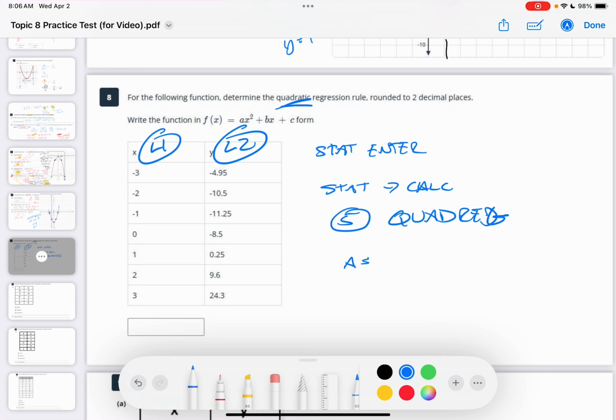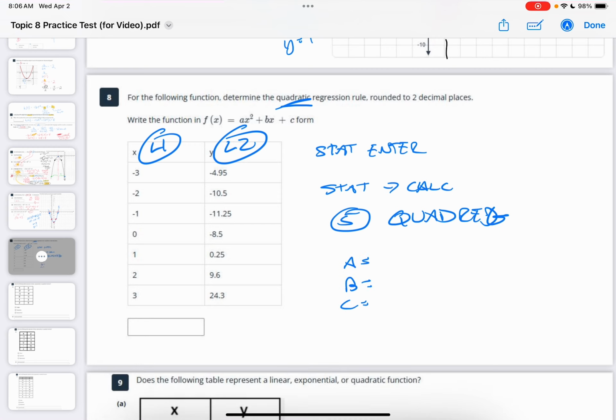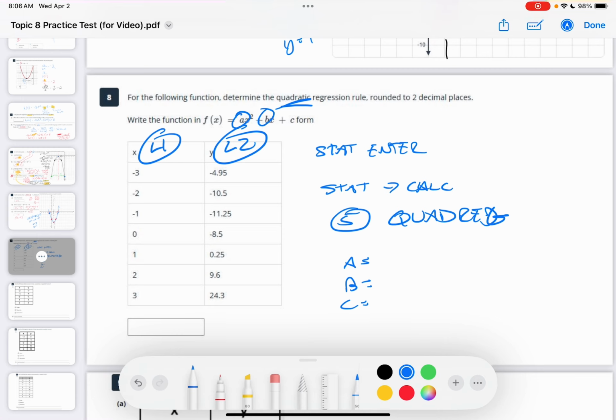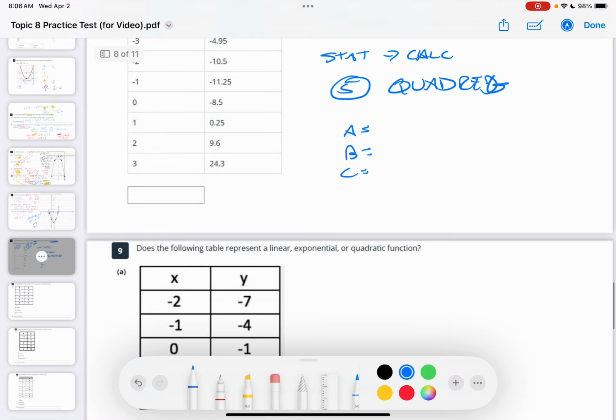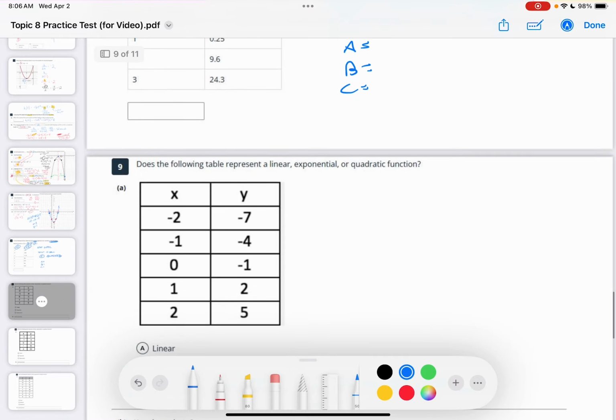You'll get your A value, your B value, and your C value, which then you can sub in for A, for B, and for C. Just make sure you look to see what you're supposed to round to, because they're always going to have more than enough decimals in the calculator.